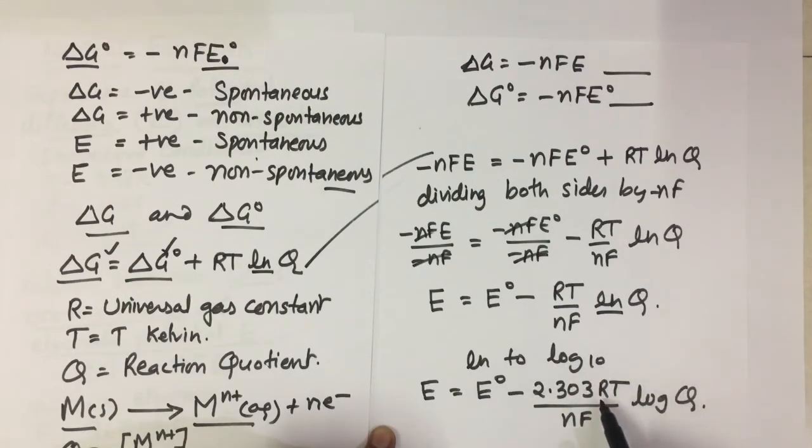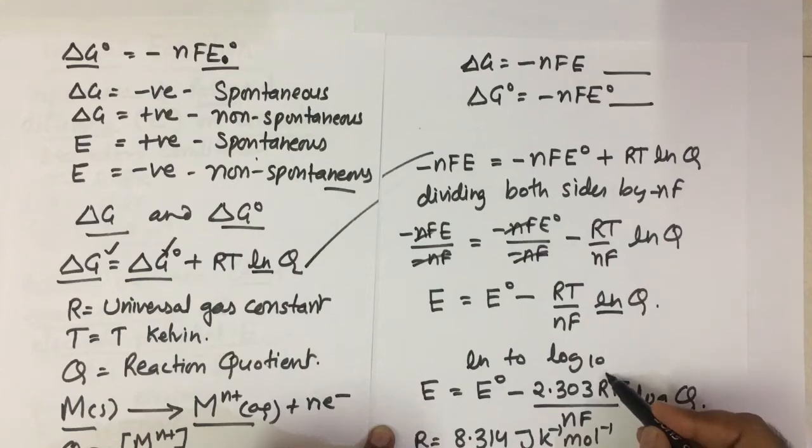Now R is the universal gas constant, which has a value of 8.314 joules per Kelvin per mole. F is Faraday's constant, 96500 coulombs per mole, and T is temperature, 298 Kelvin.